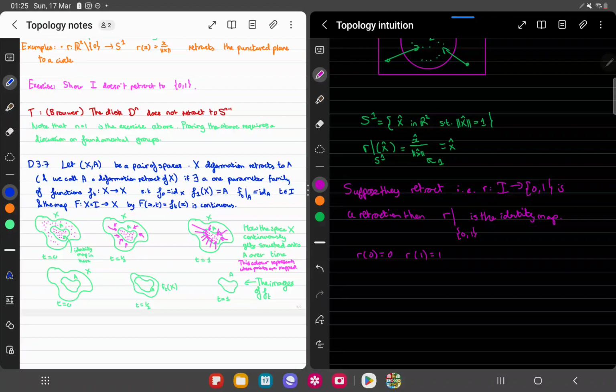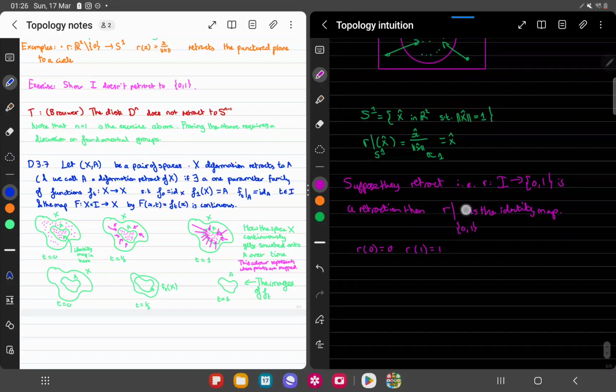Then what is the pre-image of 0? Well, R inverse of the singleton 0 is the singleton 0, and the pre-image of the singleton 1 is the singleton 1.